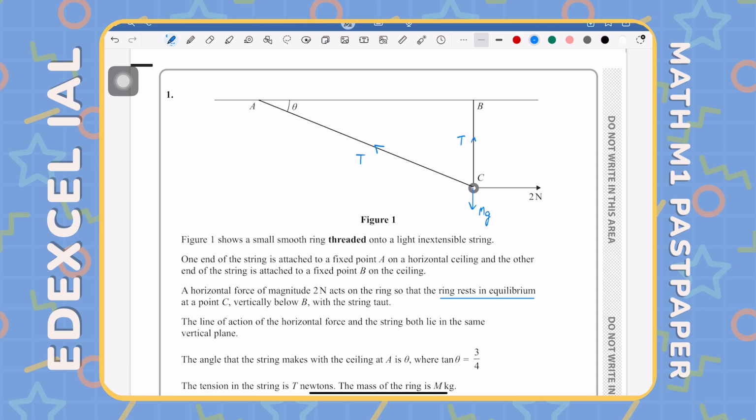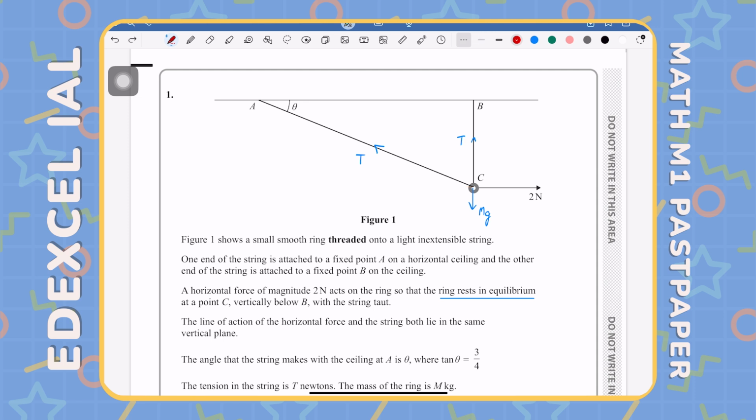Since it's in equilibrium, the sum of all the horizontal forces will be equal to 0, or you can say forces acting on the right will be equal to forces acting on the left, and similarly all the forces acting upwards will be equal to all the forces acting downwards. If you look at the left and right forces, there's only one force acting towards the right, and that will basically be the horizontal component of tension.